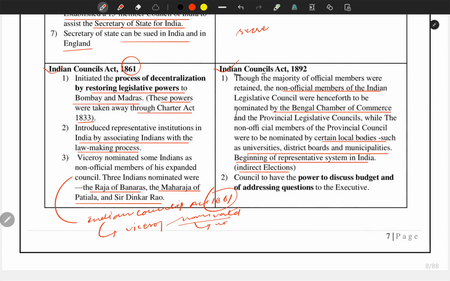Basically, those members who were part of the Indian Legislative Council were nominated by the Bengal Chamber of Commerce.